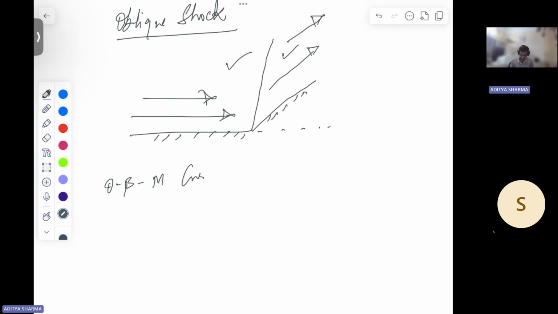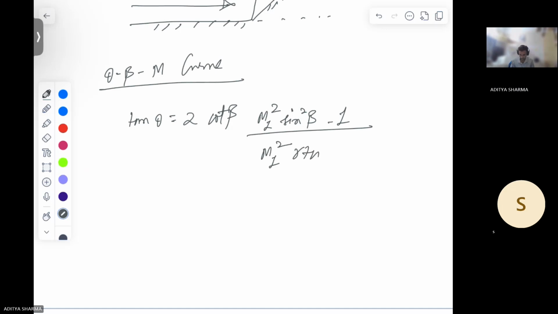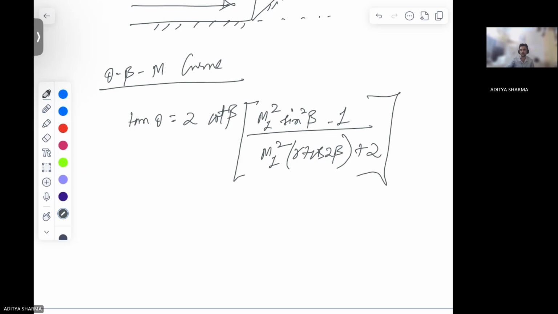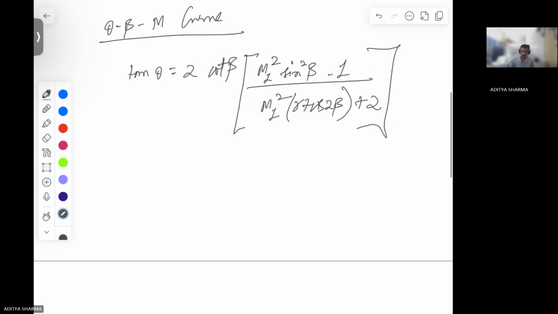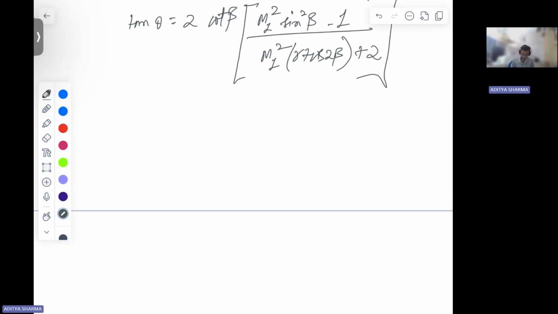From your previous lecture, this is your theta beta M relation: tan theta is equal to 2 cot beta times (M1 squared sine squared beta minus 1) over (M1 squared (gamma plus cos 2 beta) plus 2). And based on this theta beta M relation, you have this curve. The curve is like this.